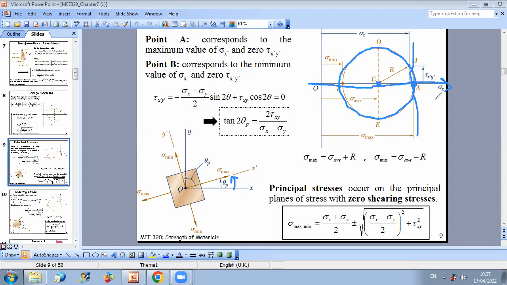The x-axis here will represent sigma x prime, and the y-axis will represent tau x prime y prime, because we have seen that the relation between sigma and tau satisfies the relation of a circle. So we can represent all points of stress on a circle, and we selected the horizontal axis to be sigma x prime and the vertical axis to be tau x prime y prime. We represented the center. We said that the coordinate of the center, sigma average, is (sigma x plus sigma y) over 2.